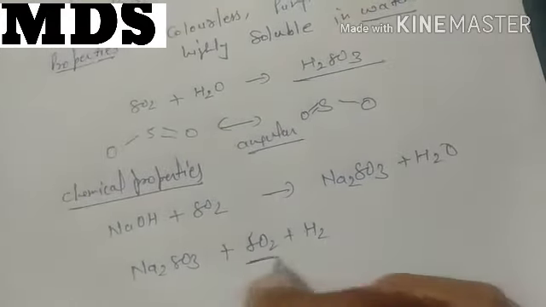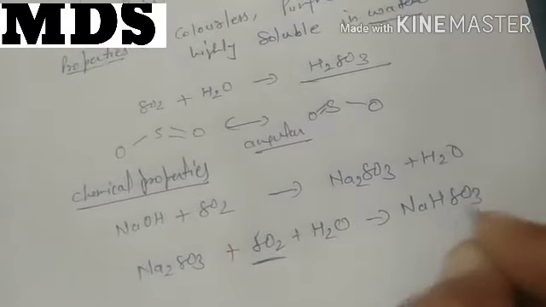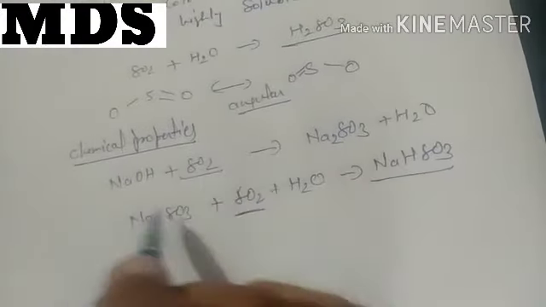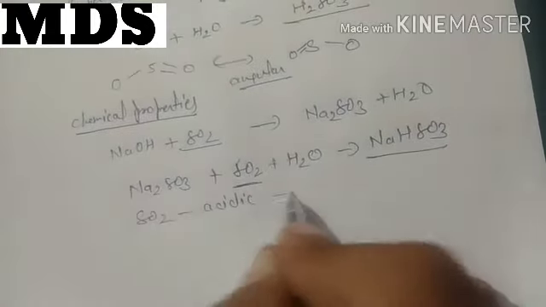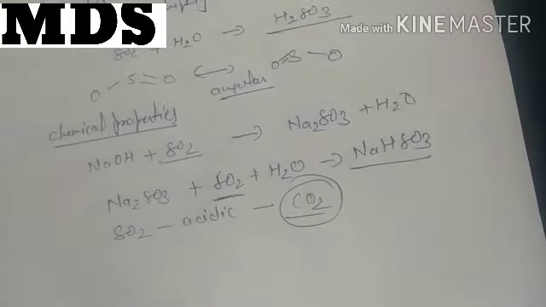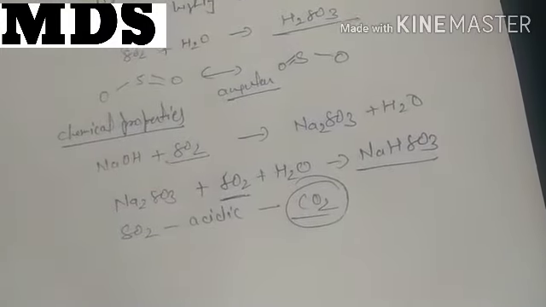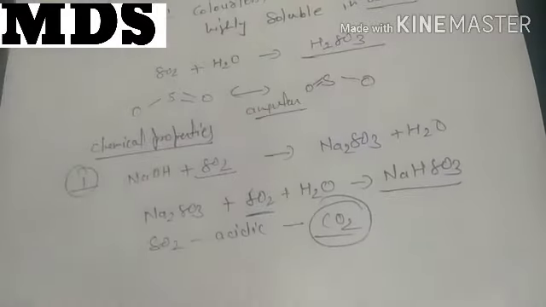If sulfur dioxide is in excess, it will result in sodium hydrogen sulfite. This reaction shows that sulfur dioxide is acidic, or its nature is the same as compared to CO2 gas. This is the first property, showing the acidic character.